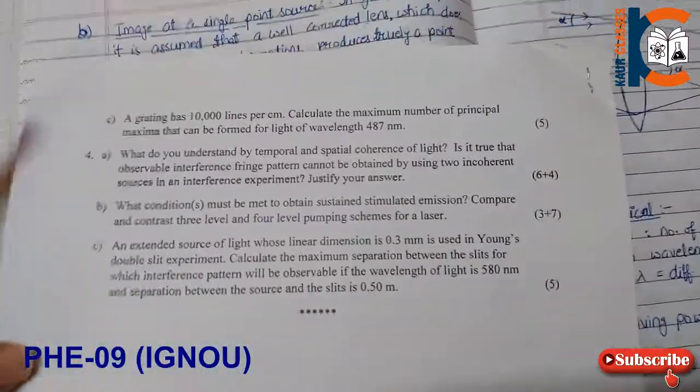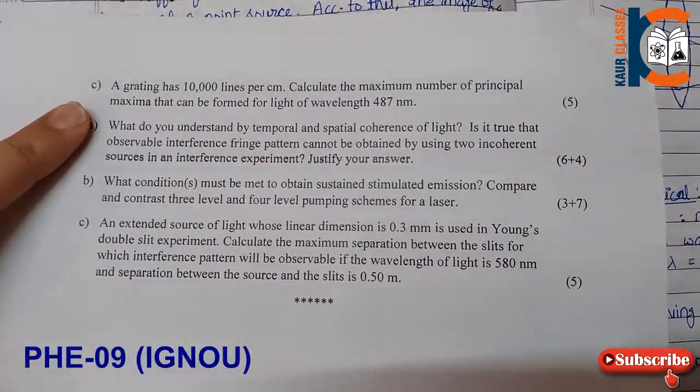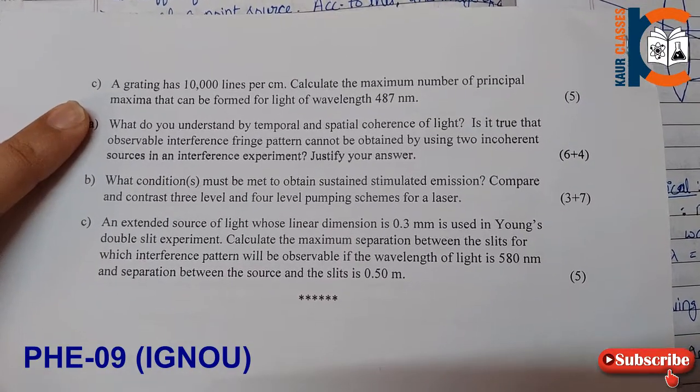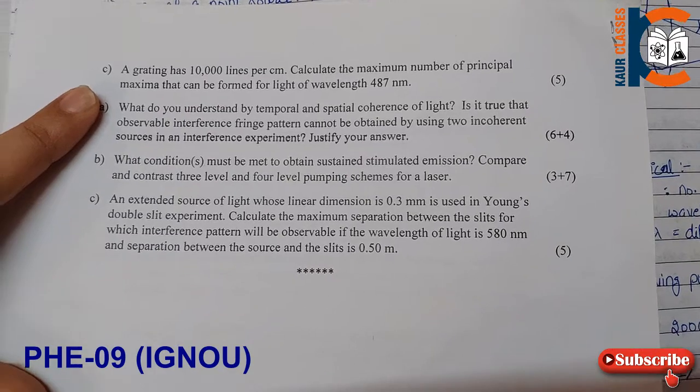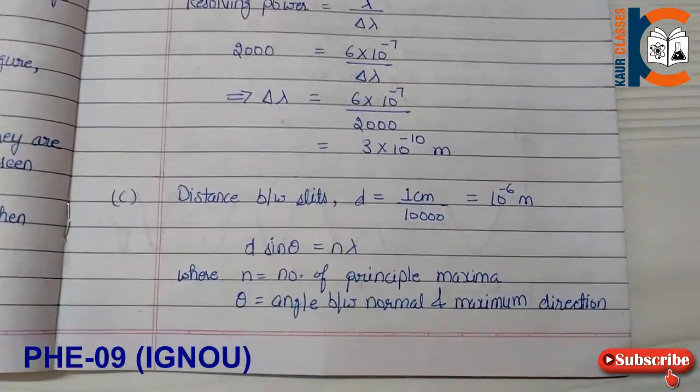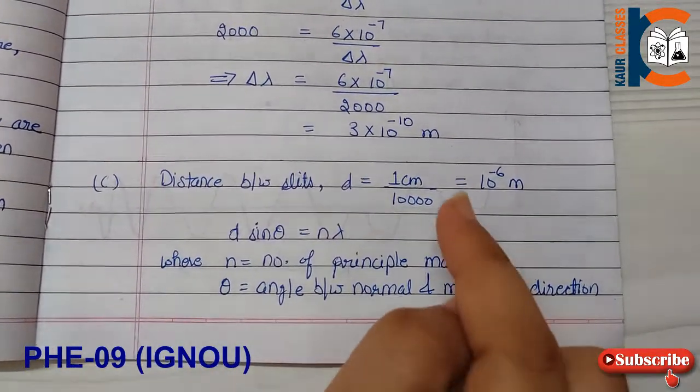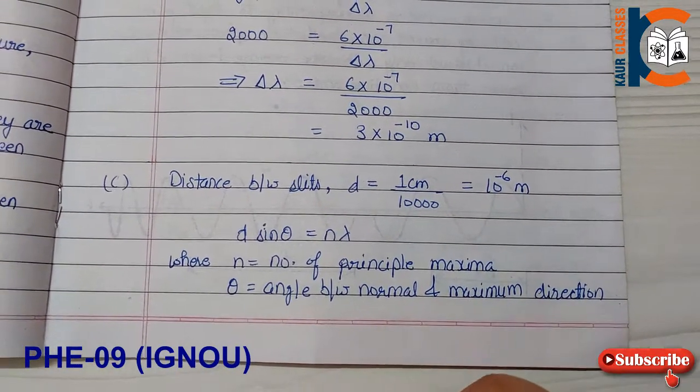Part C of the third question: a grating has 10,000 lines per centimeter. Calculate the maximum number of principal maxima that can be formed for light of wavelength 487 nanometer. The distance between slits is 1 into 10 to the minus 6 meter.